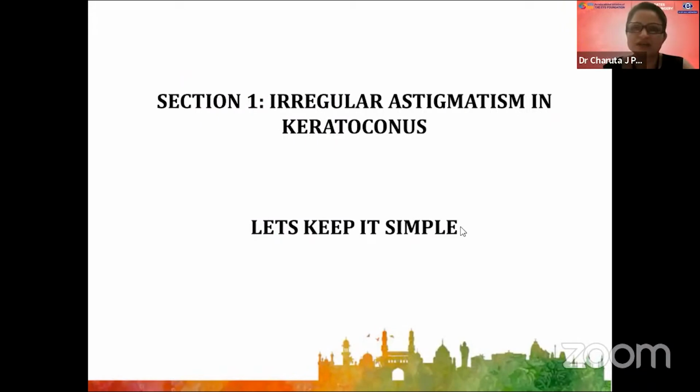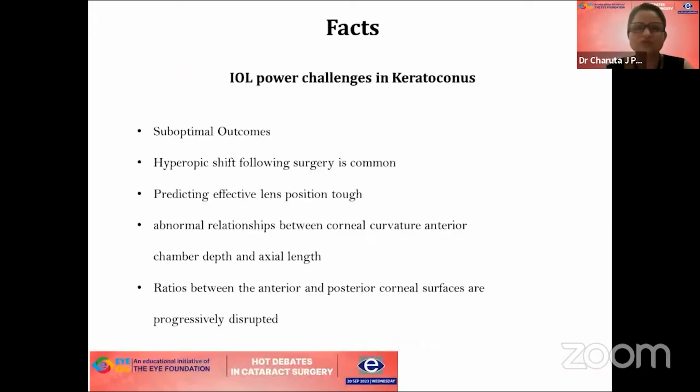Now I'll come to the other half, irregular astigmatism in keratoconus. What are the facts that we know? Dr. Chitra has asked me to keep it to a very theoretical and evidence-based talk. So here goes the review of literature that we have.